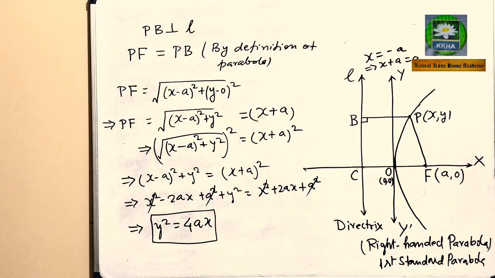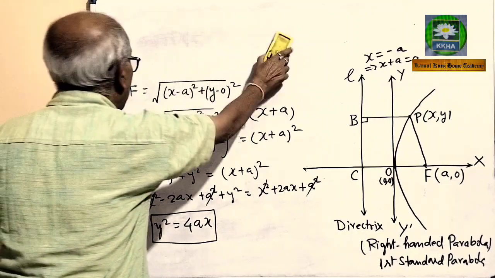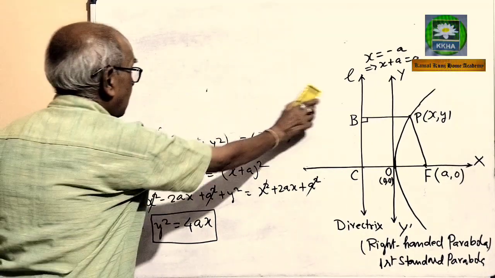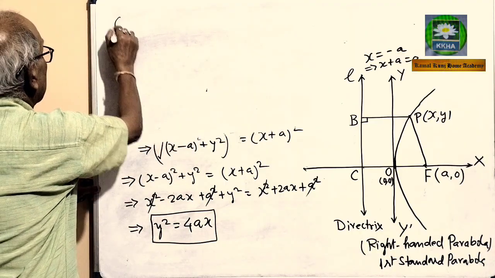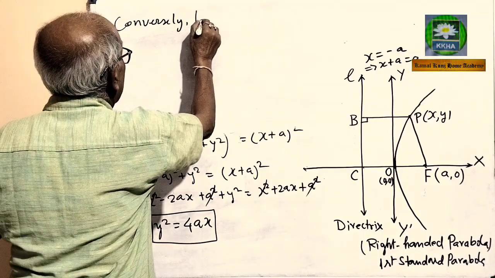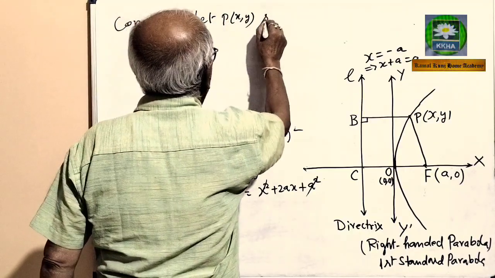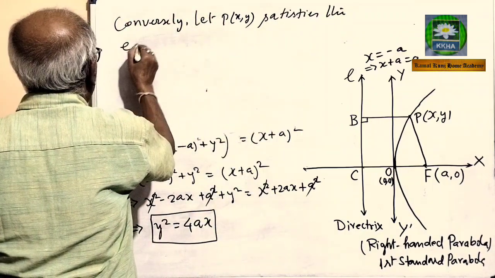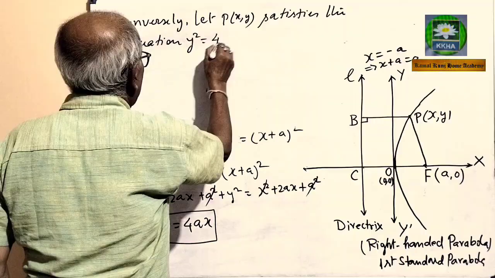Now conversely, let point P (x, y) satisfy the equation y square equal to 4ax.